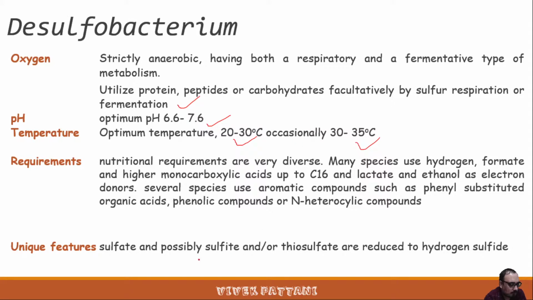Among the unique features, as we are discussing sulfur bacteria, sulfate, and possibly sulfite or thiosulfate, are reduced to hydrogen sulfide. So at the end of respiration, where sulfur compounds are used, the end product will be hydrogen sulfide.